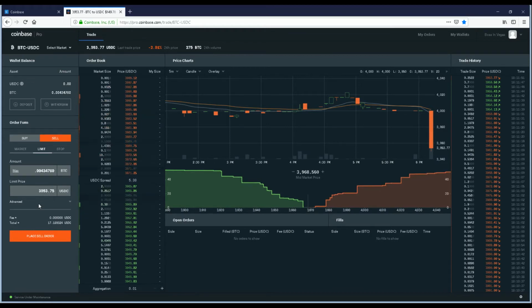Then you place that order, and it'll put it in here if I did it right, which I don't want to do because I don't want to sell it right now. So this would be like $17 and 18 cents. Okay, so I'd have that $17 and 18 cents.